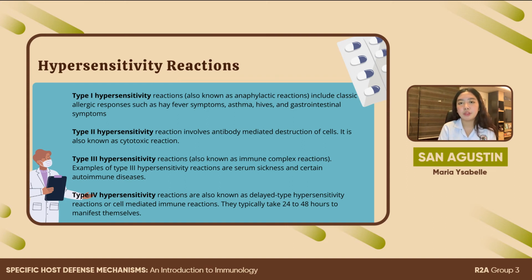So the type 3 hypersensitivity reactions are also known as immune complex reactions. The examples of type 3 are serum sickness and certain autoimmune diseases like systemic lupus erythematosus or SLE and rheumatoid arthritis. These reactions involve IgG or IgM antibodies, complement, and neutrophils.